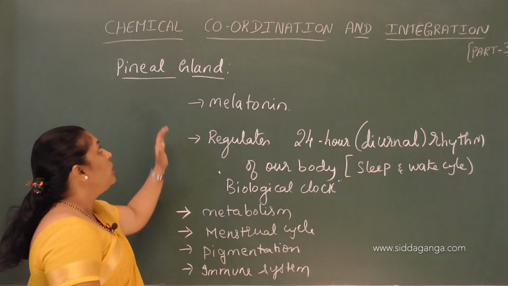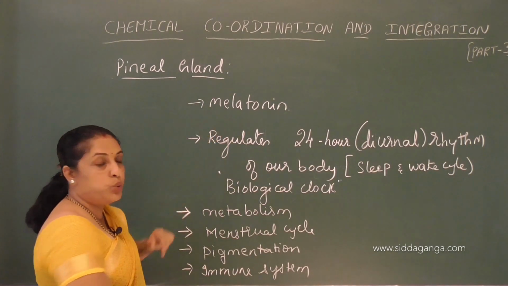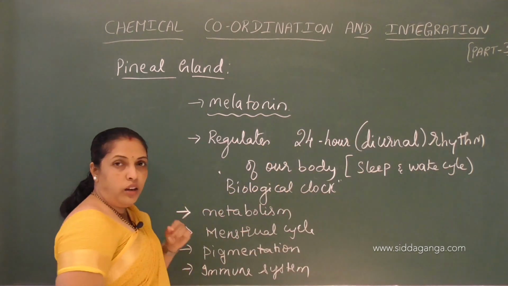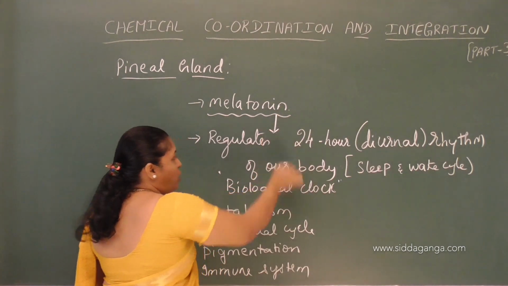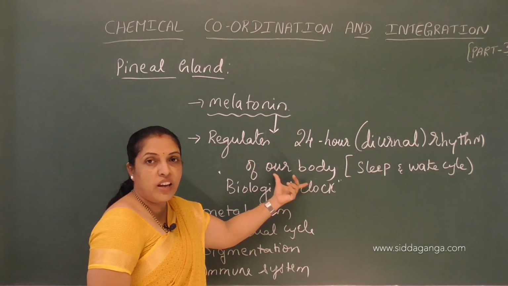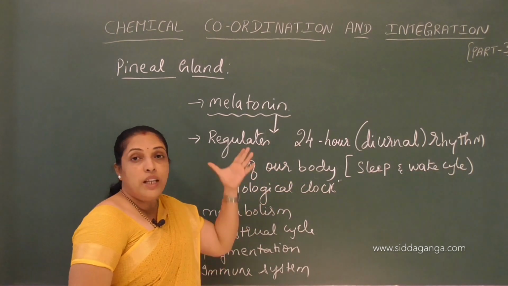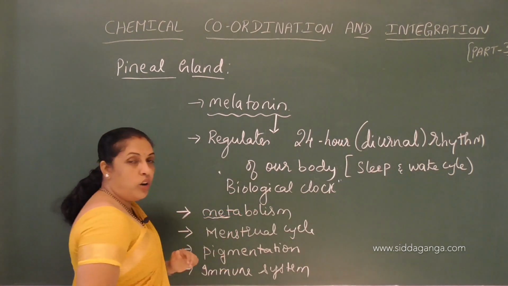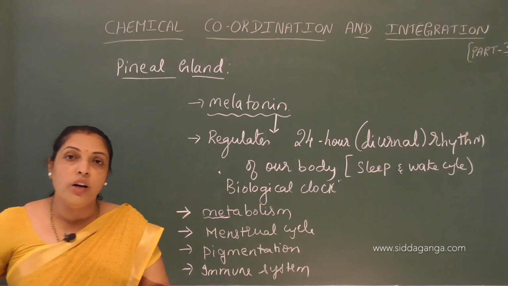This is about the pineal gland. So this gland produces only one hormone, that is melatonin. This melatonin mainly helps to regulate the 24-hour diurnal rhythm of our body, that is the sleep and wake cycle. It acts as a biological clock. With this, it also influences other functions like metabolism, menstrual cycle, pigmentation, and also our immune system.